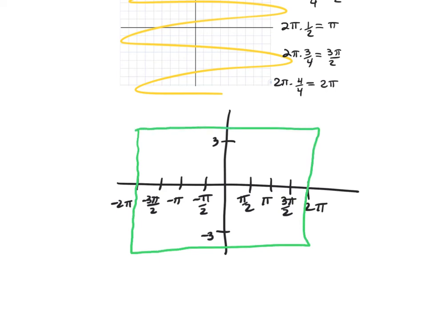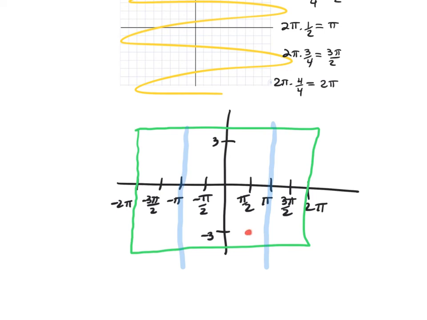We can draw in the vertical asymptote. It's going to go on that second point or halfway in my box. So I have a vertical asymptote at pi and negative pi. And now this time, because the amplitude is negative, at pi over 2, I'm going down to -3 because of the negative amplitude.